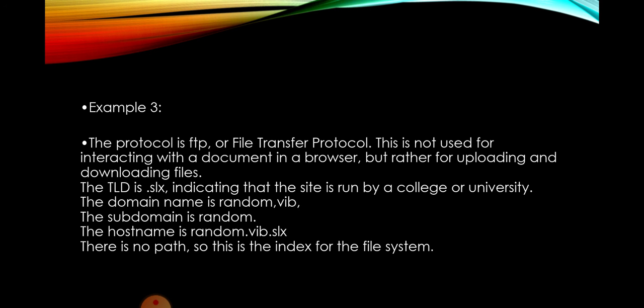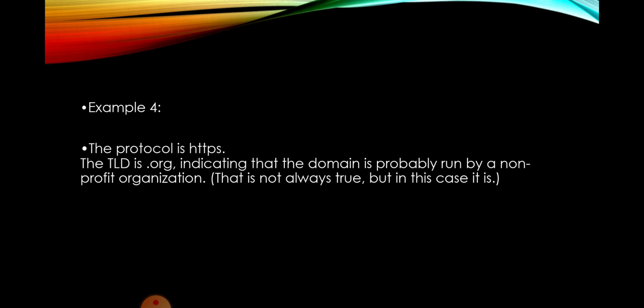The domain name is random. The subdomain is random. The host name is random. There is no output, so this is the index for the file system.